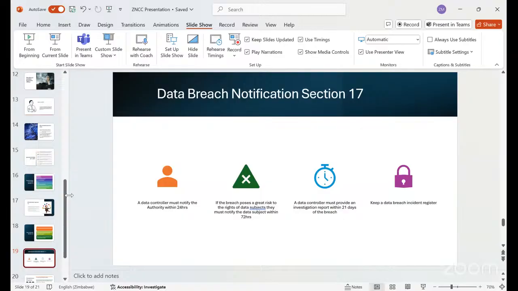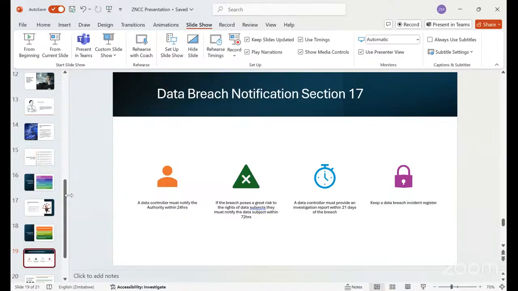And if that data breach has the potential to affect, or poses a great risk to, the rights of the data subjects, say information about a data subject gets into the wrong hands and it is highly sensitive information such as their banking details, then that data subject must be notified within 72 hours of that breach.